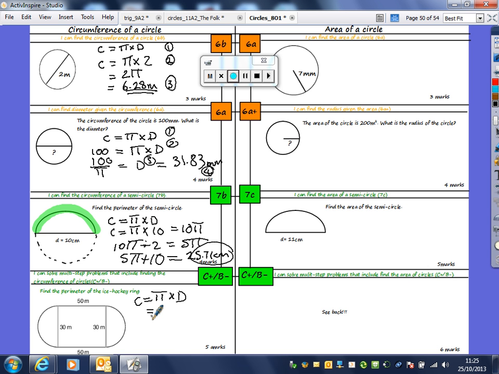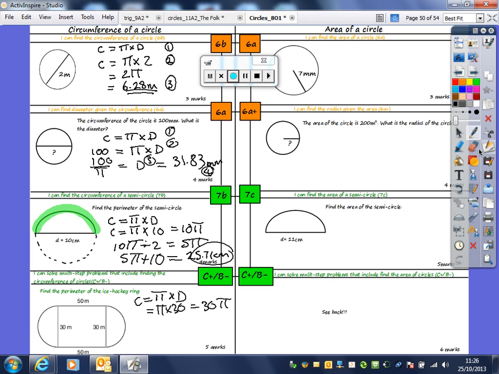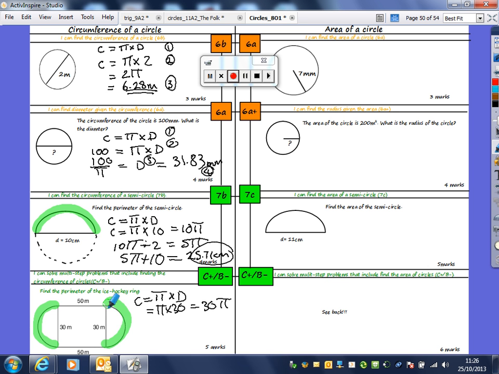So that's pi times by 30, which I'm going to leave as 30 pi for now. So that gives us this part of the shape. It gives us that bit and that bit, because we pushed those two semicircles together and done the full circle.